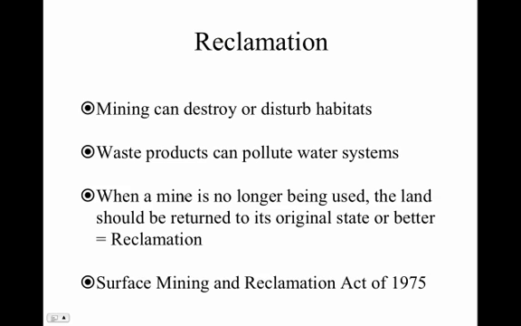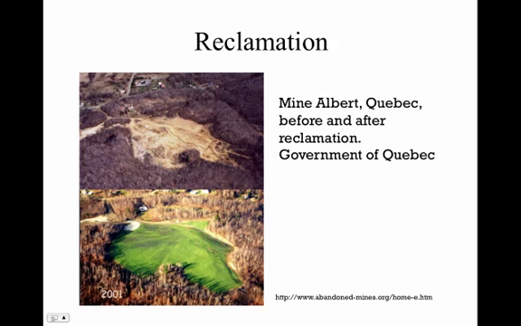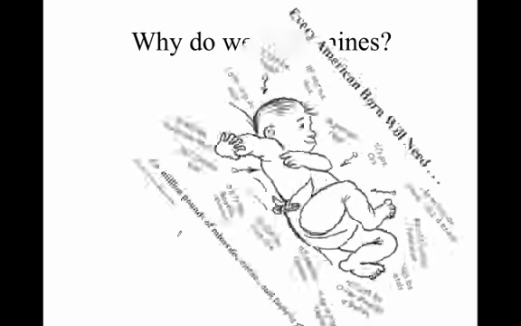Lots of times, once the mining company is done, because they destroy the habitat, reclamation is needed. Waste products can pollute, and when a mine is no longer being used, the land should be returned to its original state. Here's an example. This is the mine before in Quebec, and here's the mine after trying to reclaim the land.